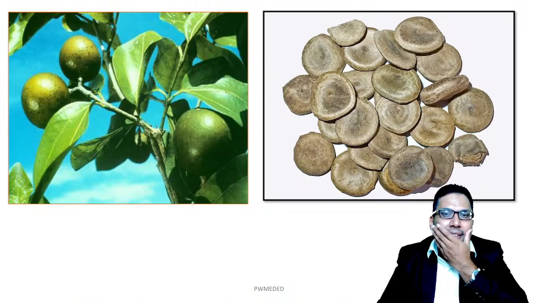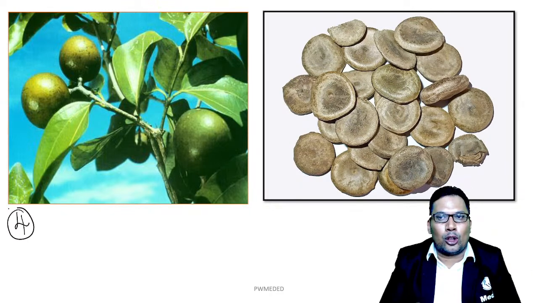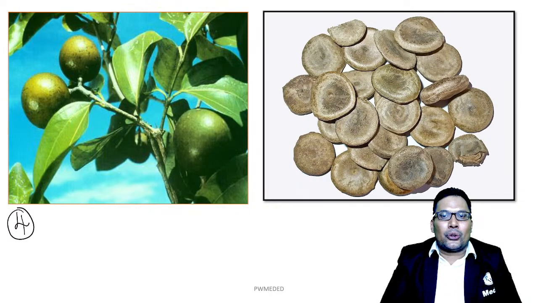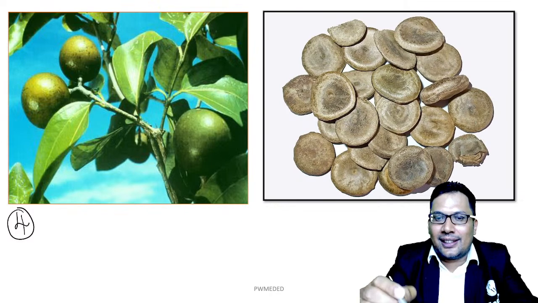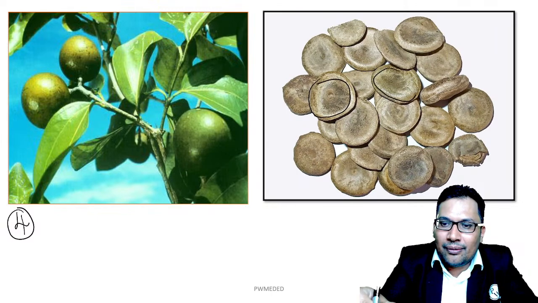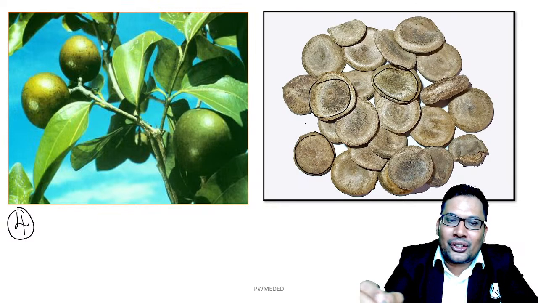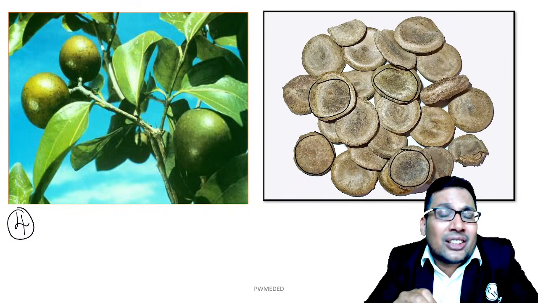Next, look at this very nice picture. So this is the fourth picture. Come on, what is this? You can see the round central depression. So what is this? A poisonous plant which causes convulsions.